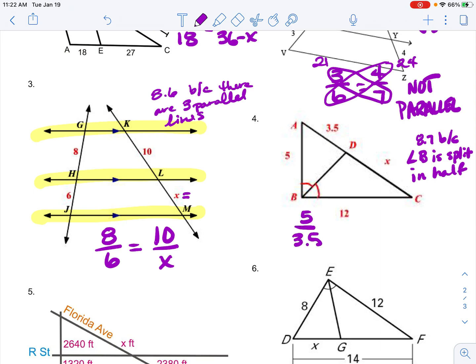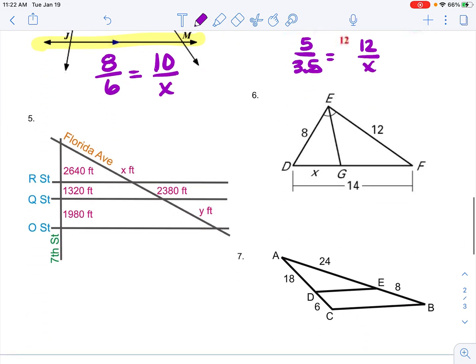That means 5 over 3.5 is proportional to 12 over x. And again, I solve this by multiplying and then dividing in order to finish this problem out.